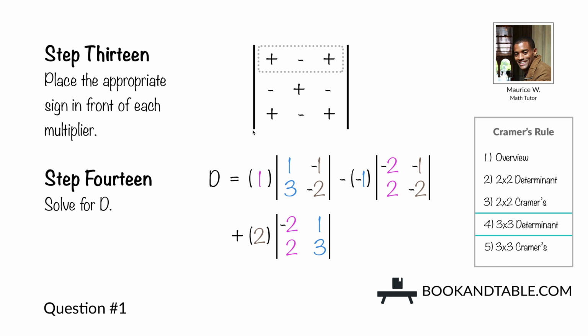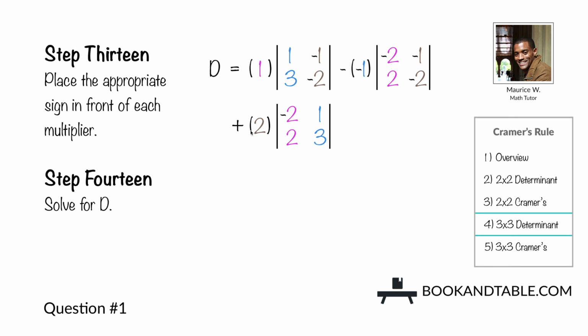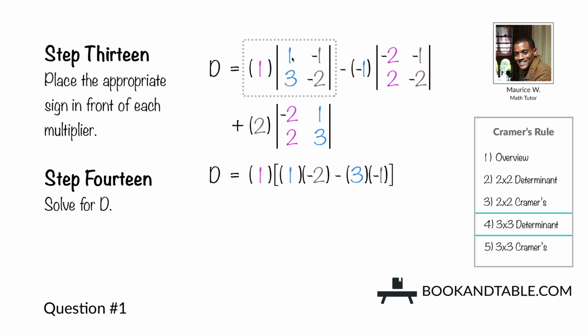So let's put the sign box to the side. And starting with the first 2x2, we have 1 times -2 minus 3 times -1. And we're multiplying this times +1.